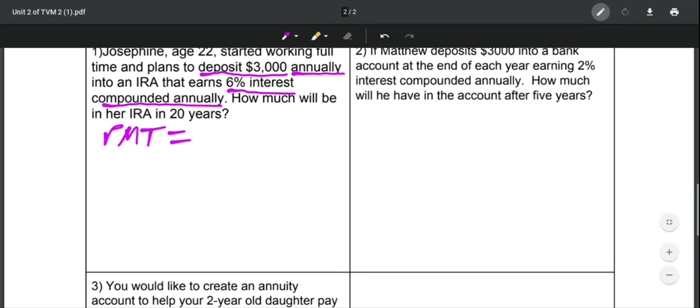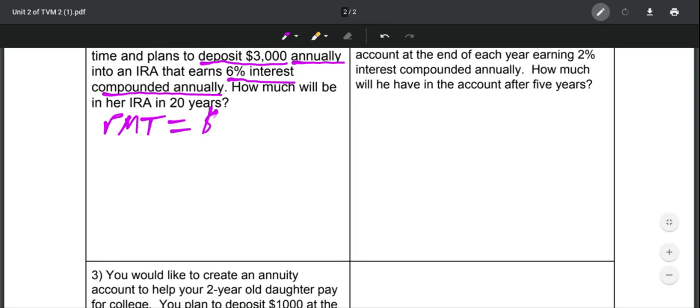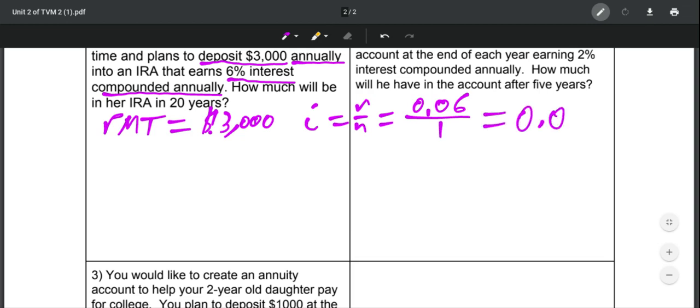That was 3,000, so that's going to be 3,000. We also need to figure out what I is. So I is going to be R over N. That's our interest rate, 0.06, and our number of times it's compounded is just 1, so I is just going to equal 0.06.